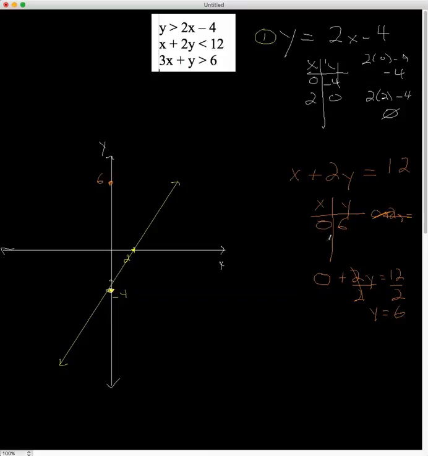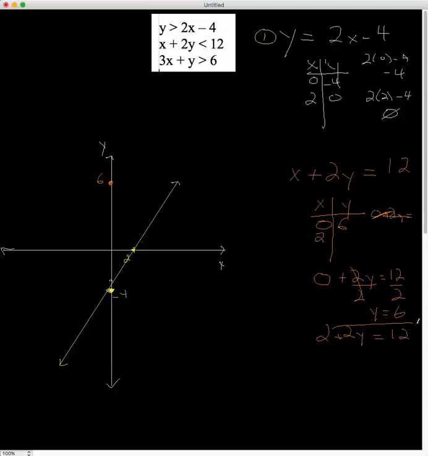Next, let me pick x is equal to 2 as well. So x is equal to 2. I put it in here, so we have 2 plus 2y is equal to 12.